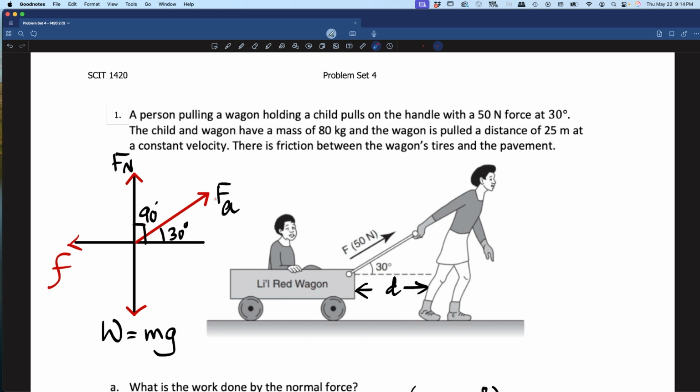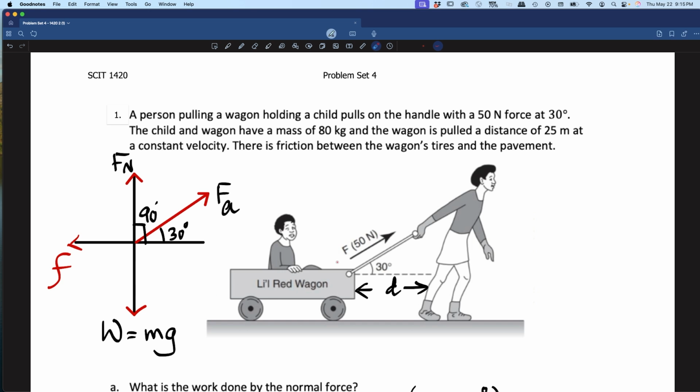That is called the normal reaction, F sub N. Number four, we do know friction is always opposite to motion. That's why friction is to the left, because the motion is to the right, as you can see here. So those are the four forces.